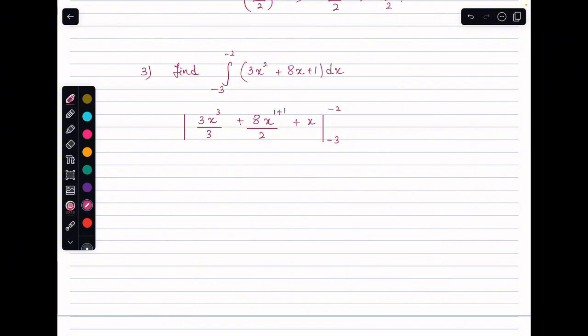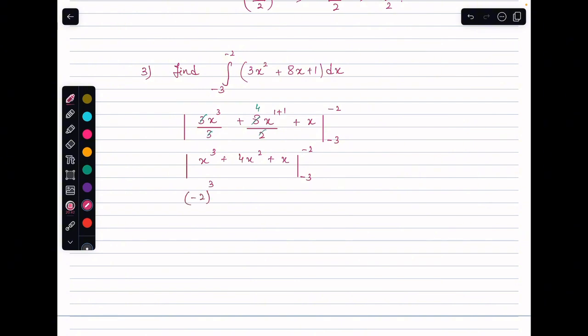So solving, I can see that the 3 here gets simplified and this becomes a 4, so that now I can say that this is basically x cubed plus 4x squared plus x with the limits from negative 3 till negative 2. So just start substituting the upper limit in place of x.